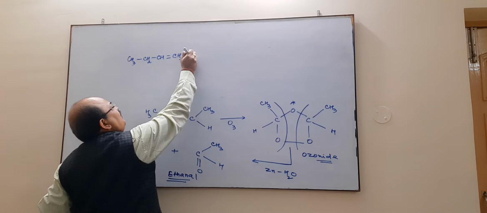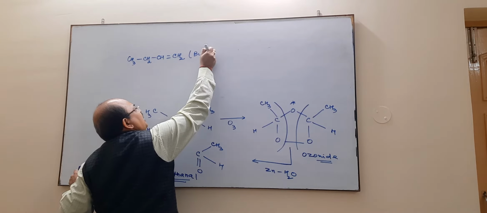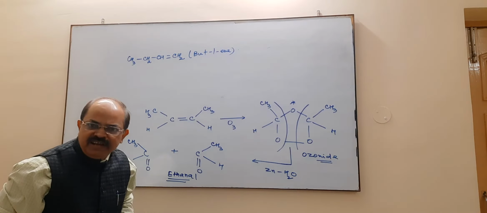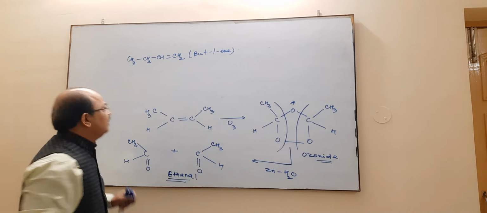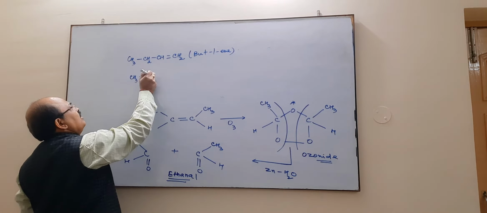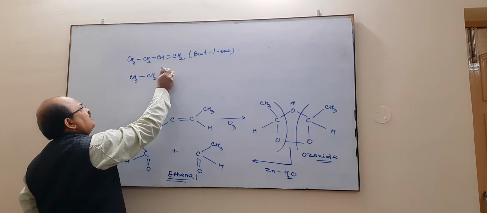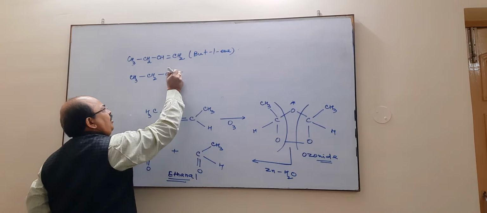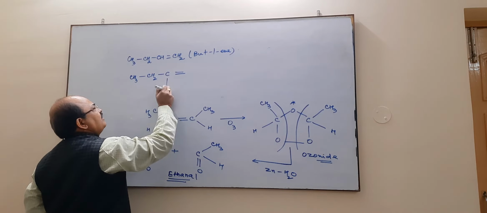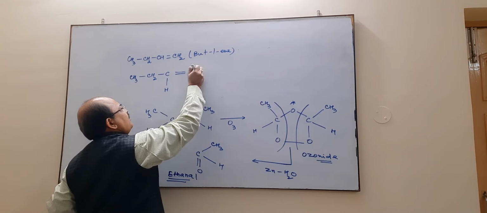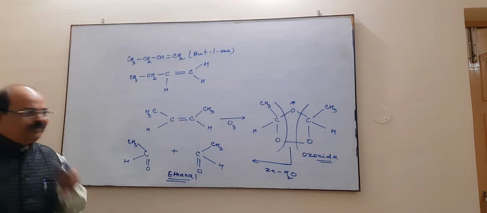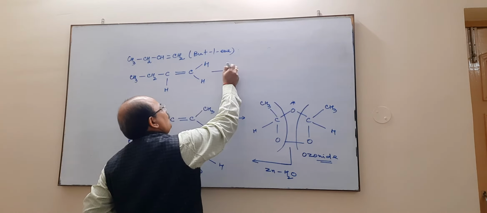Arrange it in this form, that's your job. So but-1-ene: CH3, CH2, then C double bond, with hydrogen, carbon, hydrogen and hydrogen. This is but-1-ene. Now you add ozone.